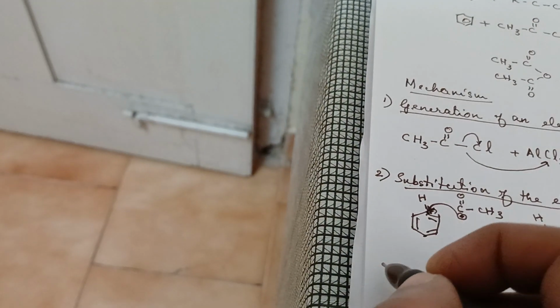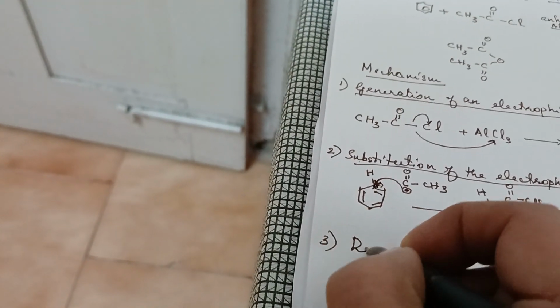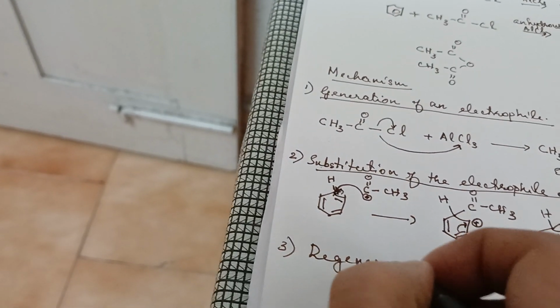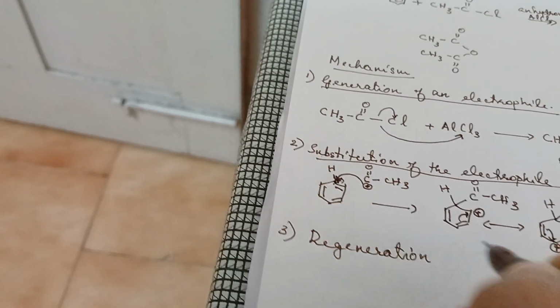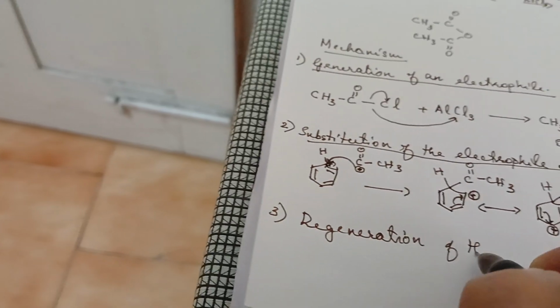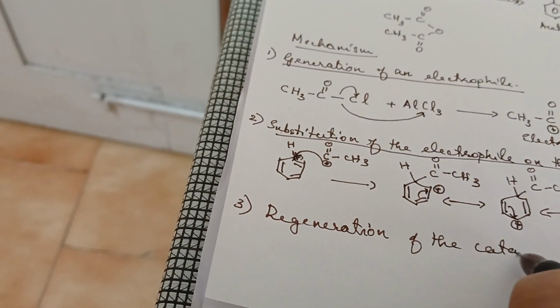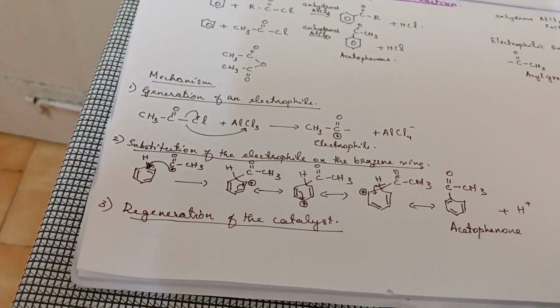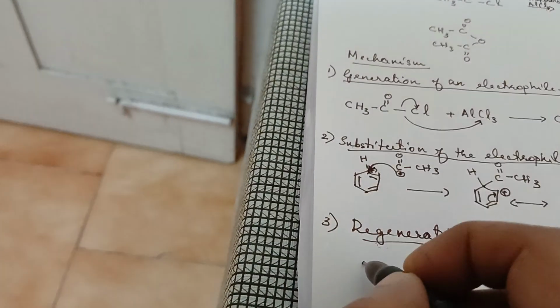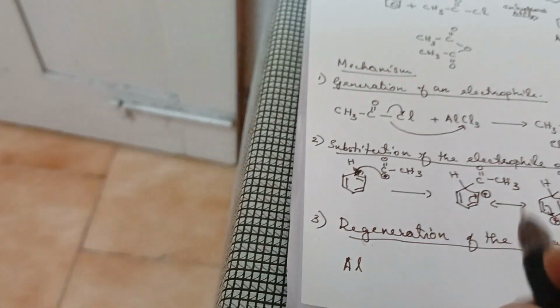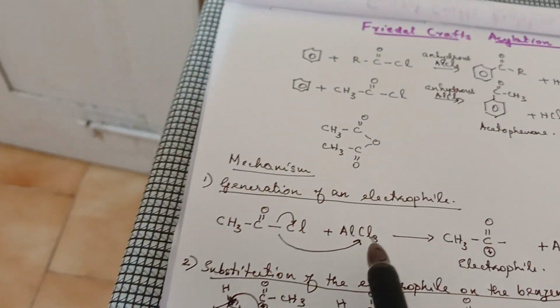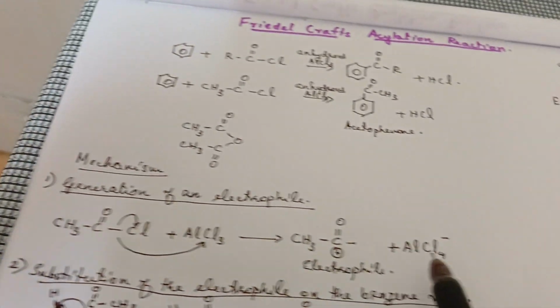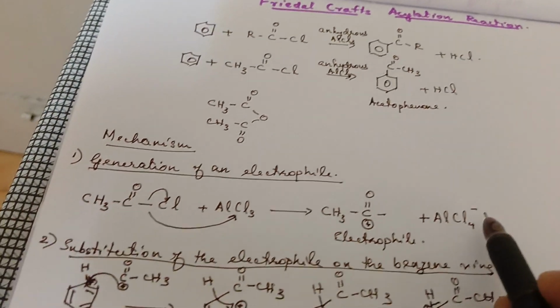Now the next step is the regeneration of the catalyst. You need to get your catalyst back after the reaction. Our catalyst was anhydrous AlCl3, but now it is in the form of AlCl4 minus.